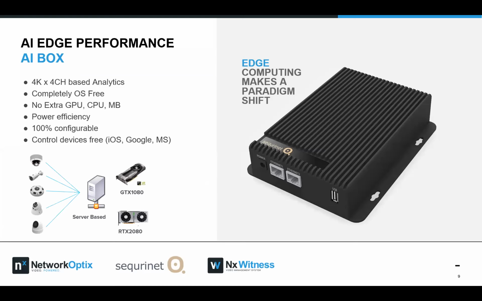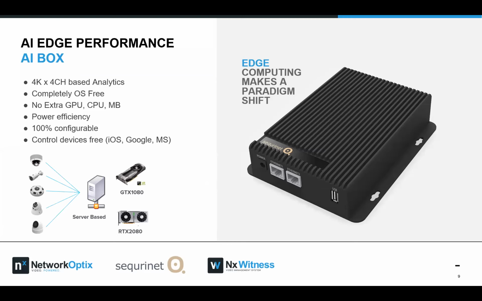Performance, I talked about this very briefly a couple of slides backwards. We think that with our AI box, we're making, or at least trying to make, a paradigm shift where we can, with our edge computing device, get to server-based computing. What does that mean?